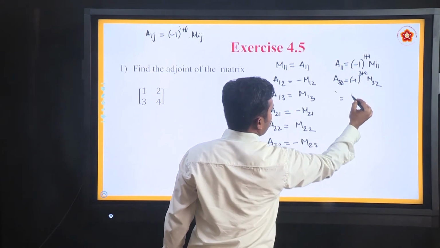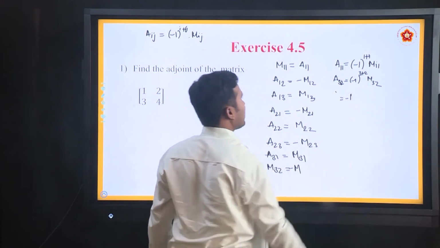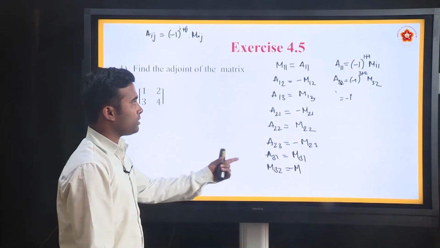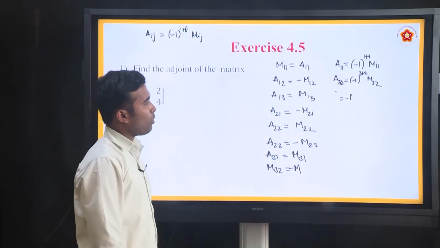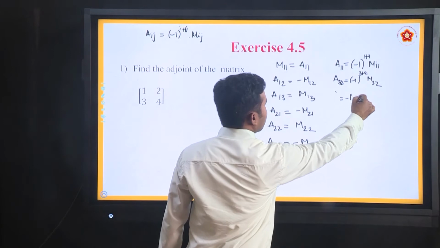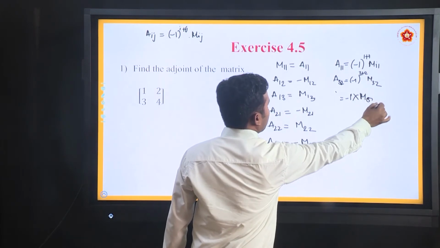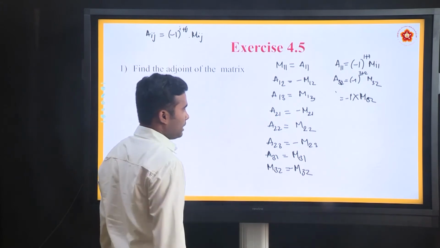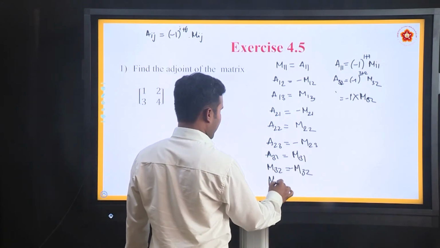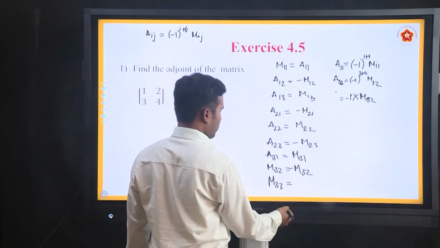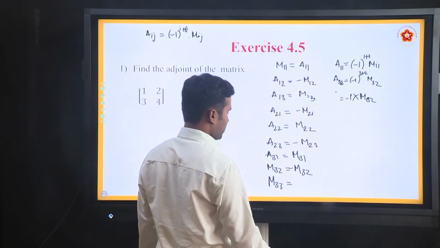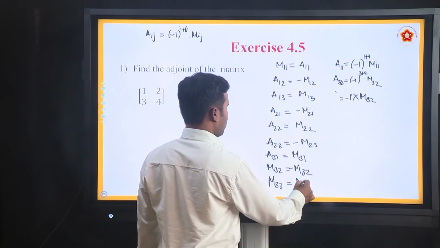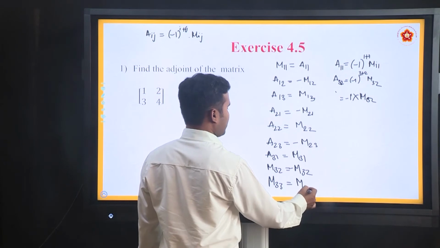So what is this? Minus 1, since minus 1 to the power 3 plus 2 is minus 1 into M32, okay? That is how we got it here as minus M32. And the last one is A33. 3 plus 3 is what? 6. Minus 1 to the power 6 is plus. So plus 1 into M33.